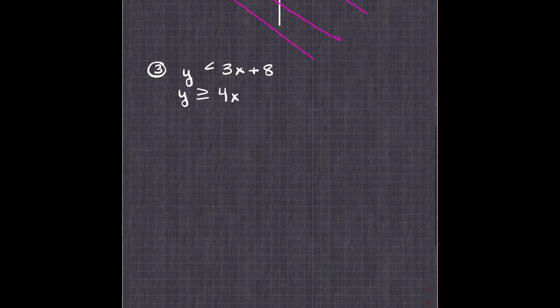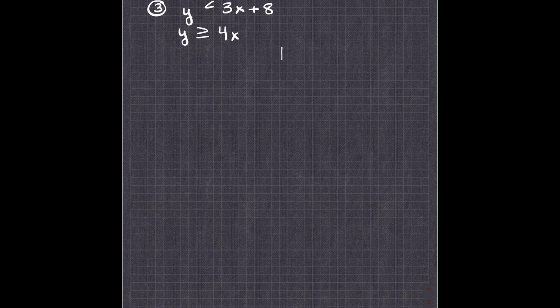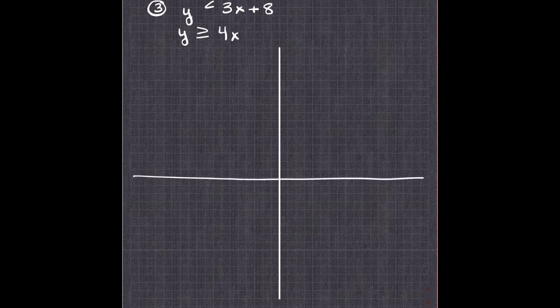Okay, we're going to put these on a graph. y is less than 3x plus 8. Let's grab a color here. Plus 8 is my y-intercept. 1, 2, 3, 4, 5, 6, 7, 8. And my slope is 3.